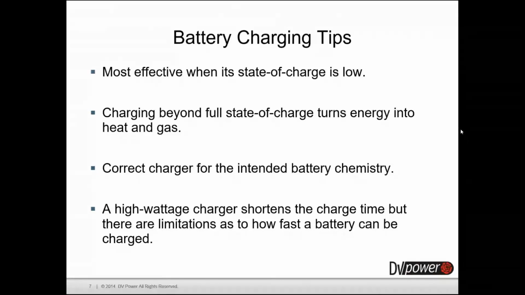Charging a battery beyond full state of charge turns excess energy into heat and gas. With lithium-ion, this can result in a deposit of unwanted material, and prolonged overcharge causes permanent damage to all batteries, especially lithium-ion. You need to use the correct charger for the intended battery chemistry. Most chargers available on the market serve only one chemistry.